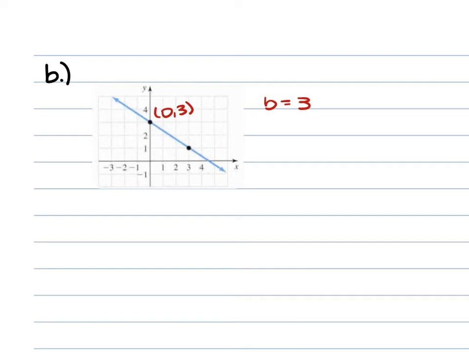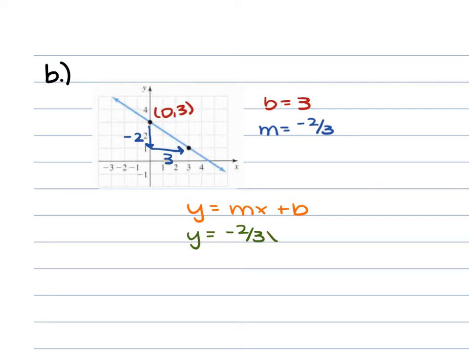Now, to get your slope, you are going down 2 to the right 3. So that's -2 over 3. Plugging this into slope-intercept form, y equals mx plus b, we are going to have y is equal to -2/3 x plus 3.